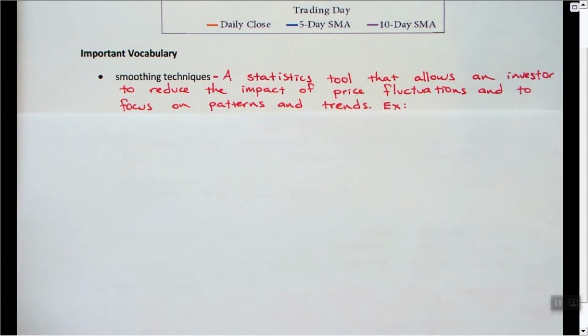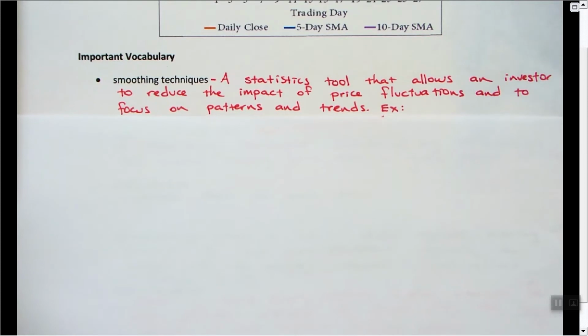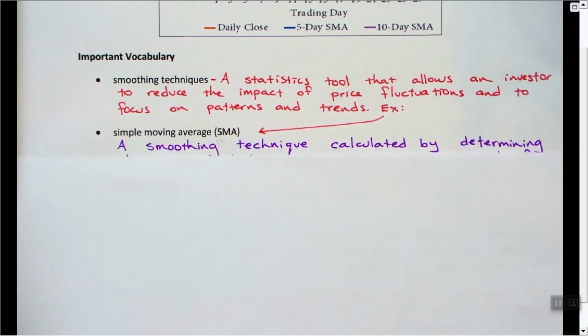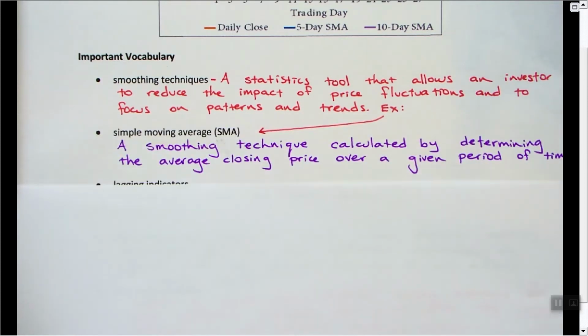One of the smoothing techniques, and the only one we'll talk about in this class, is called the simple moving average, or the SMA. The simple moving average is a smoothing technique calculated by determining the average closing price over a given period of time.